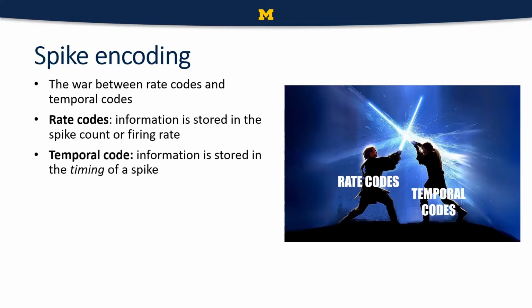On the other hand, the people that argue for the temporal code, or the latency code, argue that information is stored in the precise timing of a spike, right? There's a whole heap of overlap as well. You can imagine if a neuron spikes first, and then you reset time, and it spikes first again, and you keep doing that, in the limit that amounts to a higher frequency, right? So there is definite overlap between frequency and spike timing.